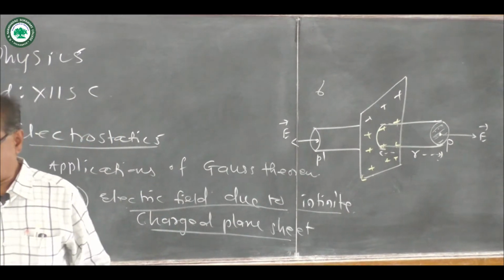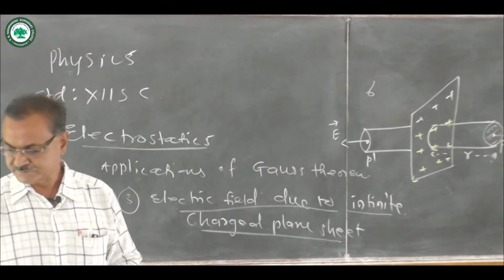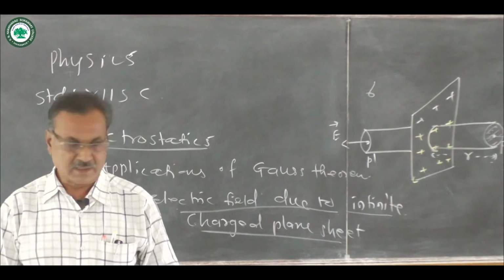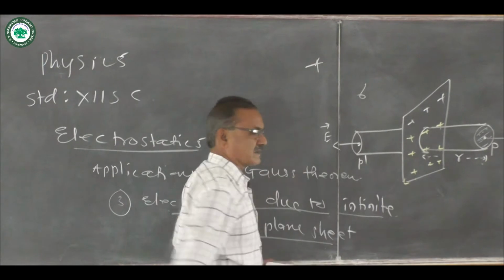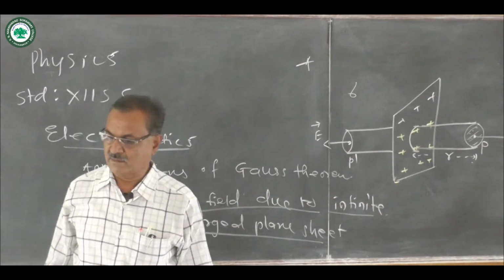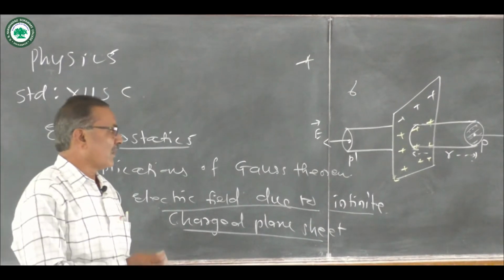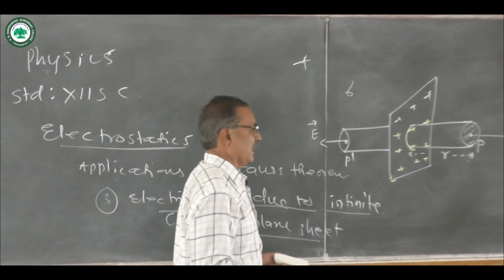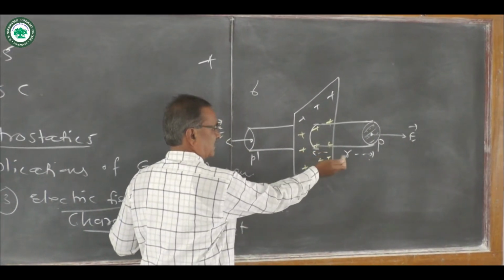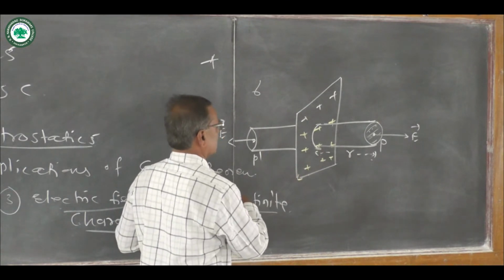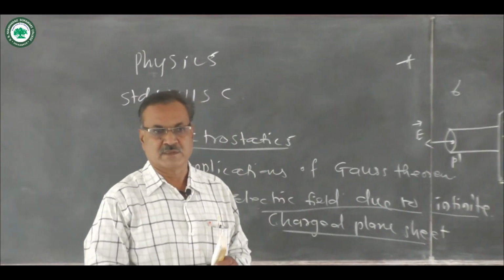Now the Gaussian surface around point P is in the form of a cylinder having cross-sectional area A, and the length from P to P dash is twice r, that is one side is r and the other side is r.